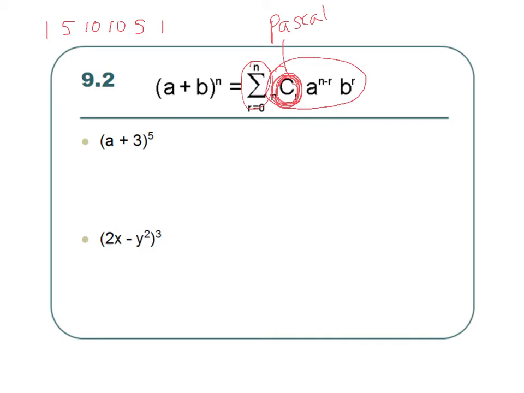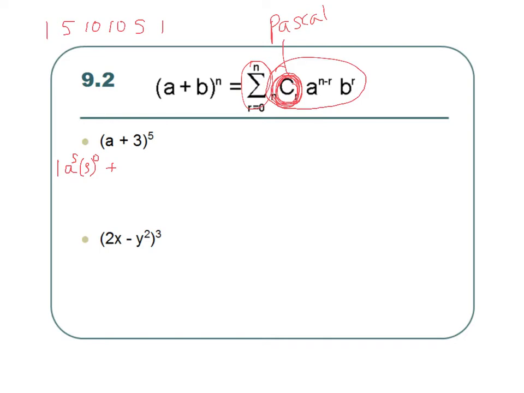I'm going to start off, you're going to need to write a little on this, and I'm going to take my combination number, which from Pascal's triangle is a 1. I'm going to take my a to the very highest power, so in this case it's to the 5th, and then I'm going to take it times 3 to the lowest power, which is going to start off at 0, plus.